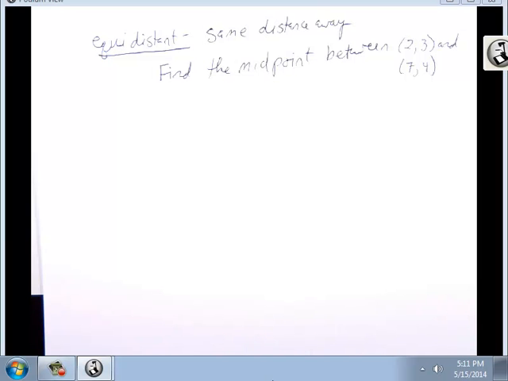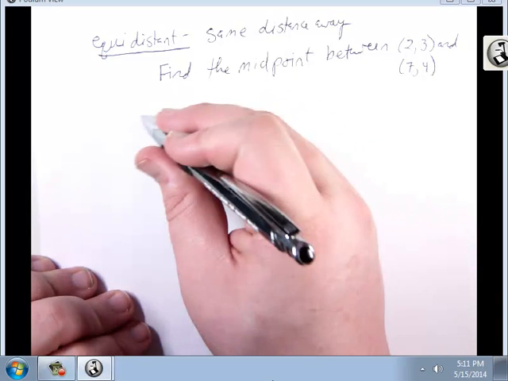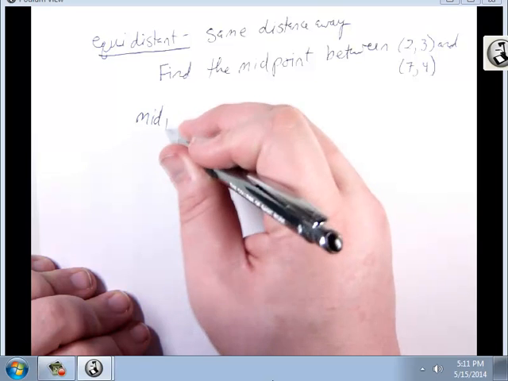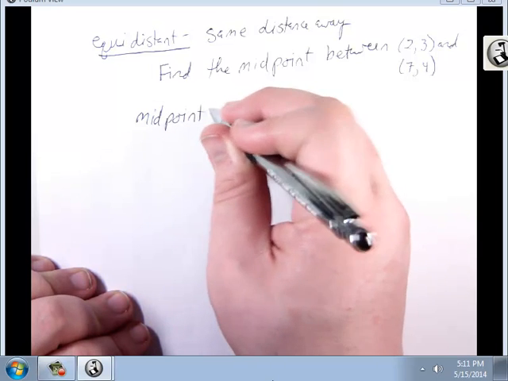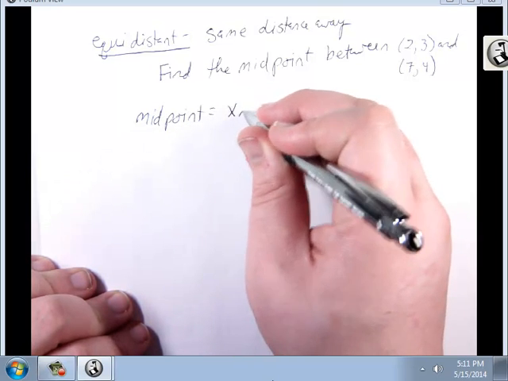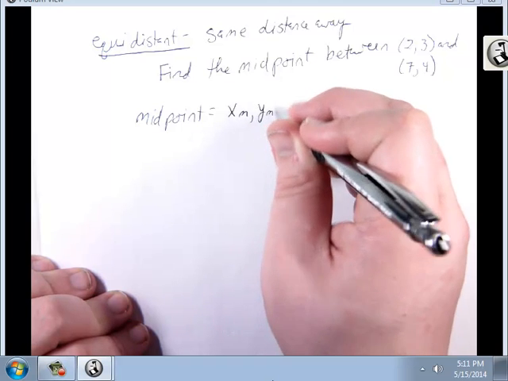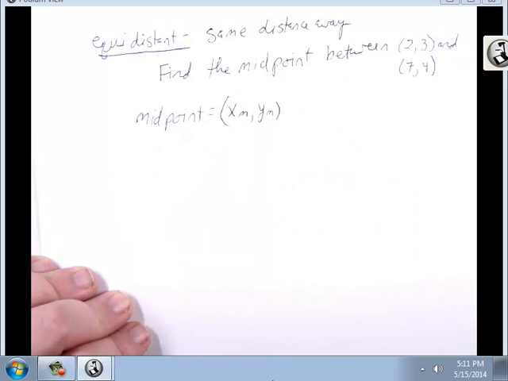Alright, so what would you do to go about this one? Well, the midpoint is xm, comma, ym. M standing for middle.